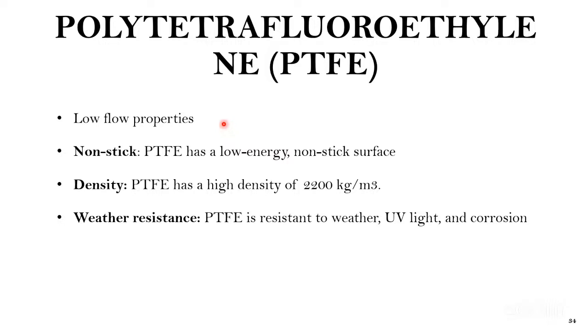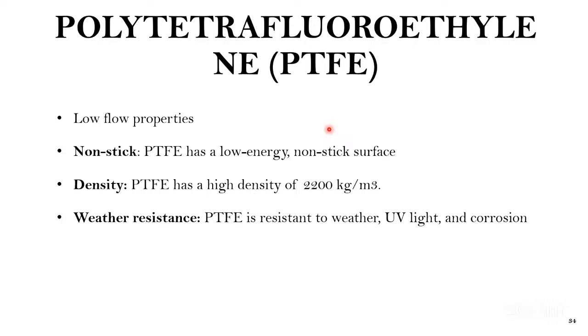And flow property of a polymer plays a very important role, and this flow property we generally measure as MFI, melt flow index. So due to this perfect arrangement and due to this highly crystalline nature, it is very difficult to do the processing of this Teflon.